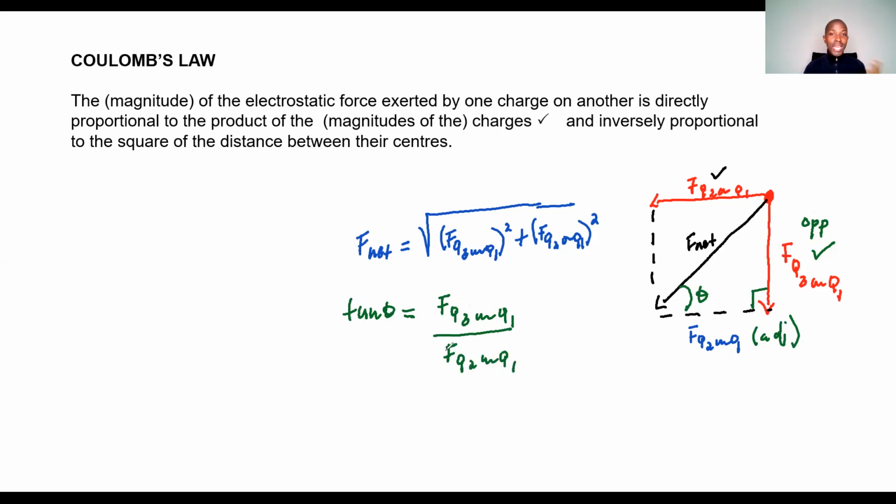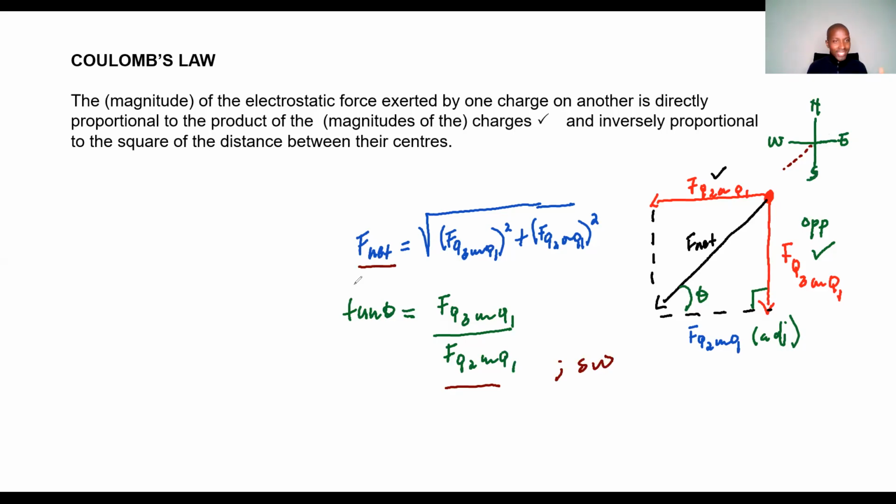That's how you get your direction. In terms of cardinal points, that's the north, the west, the east, and the south. Considering how this F net is looking, I think it would be safe to say this is southwest. So you get your angle, then you say southwest.